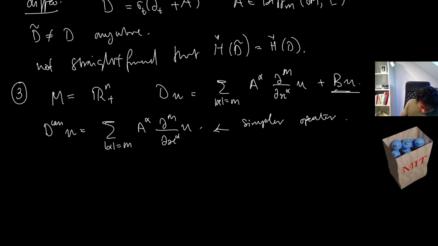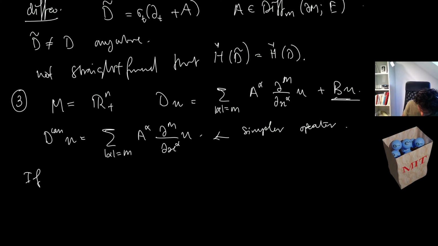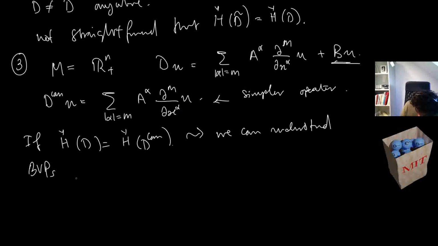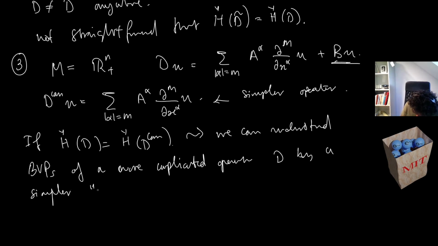So if we were able to say that h check of d is equal to h check of d canonical, then what this is really saying is that we can understand boundary value problems of a more complicated operator d by a simpler operator, a model operator.